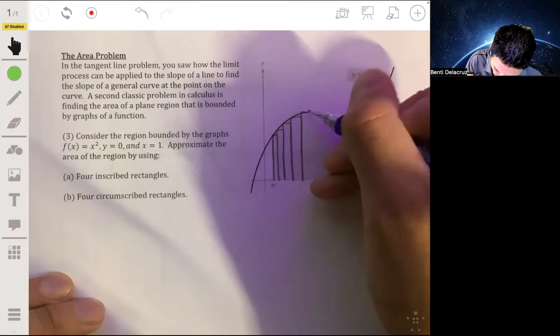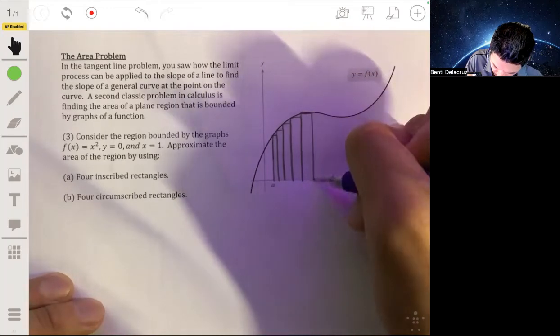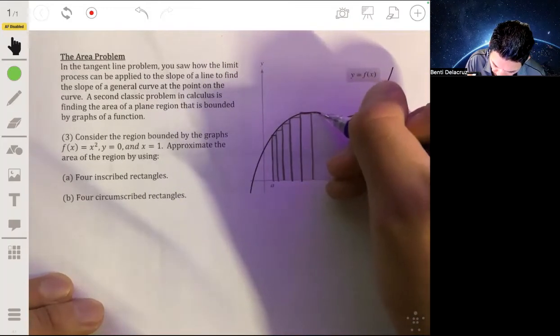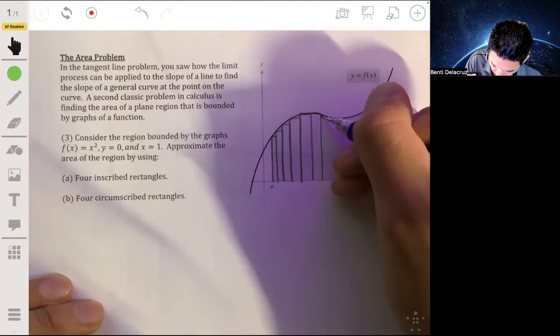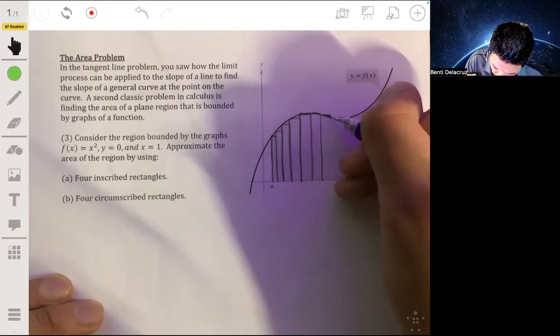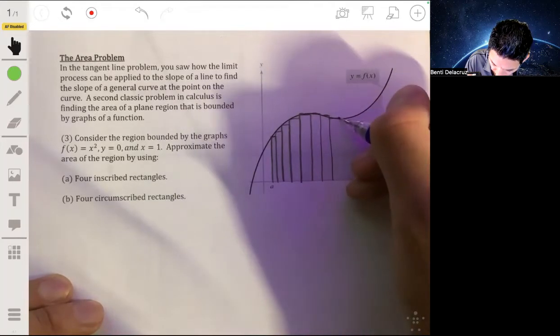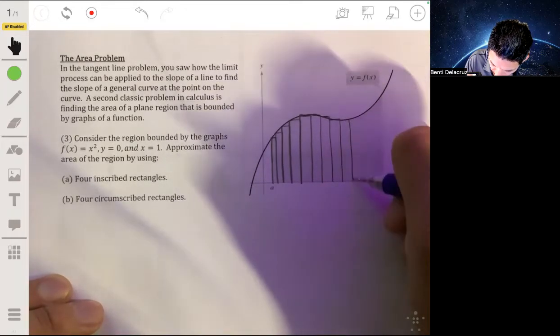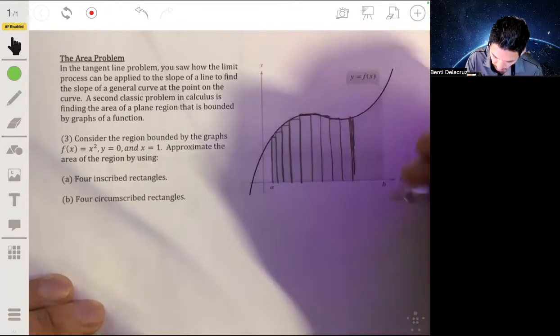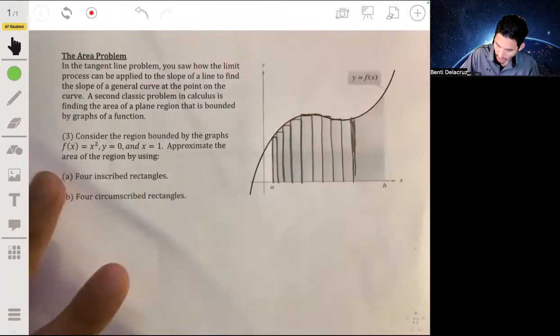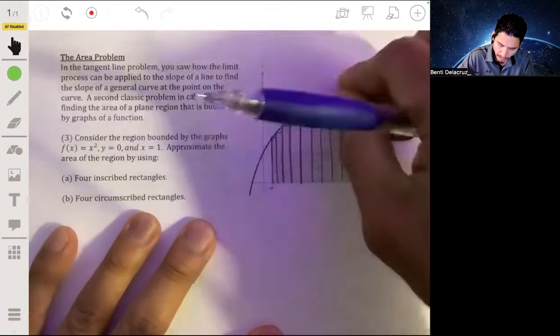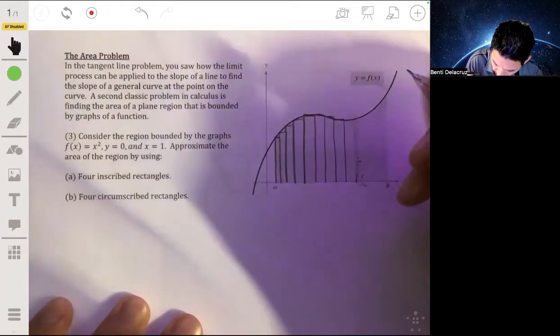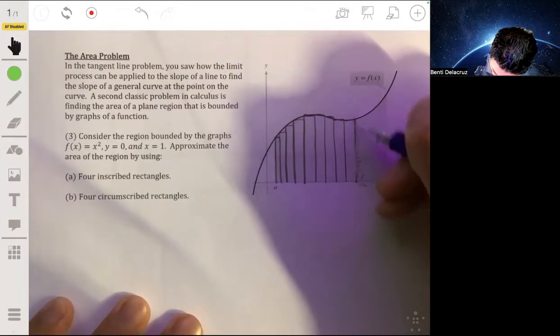I can break this area up into subcomponents, basically rectangles. And if I find the area of each of these rectangles and then add them up, I can get a fairly good approximation of the true area underneath this curve.